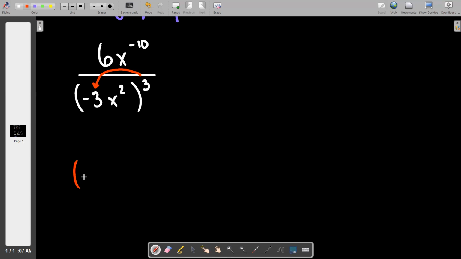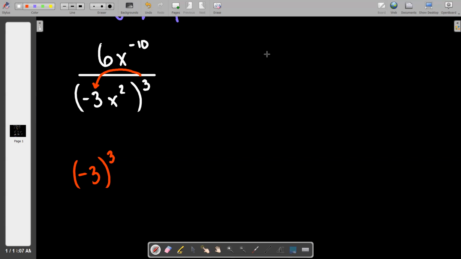Can anyone in this room tell me what -3 raised to the power of 3 might be? It is -27. Nice job, Bryce. It's negative because we're multiplying a negative number by itself 3 times. And it's 27 because, well, we just know 3 to the third is 27. So at this point, I'm going to start rewriting the problem.